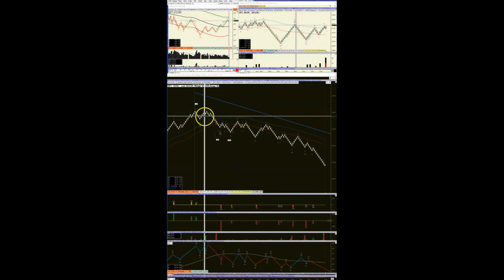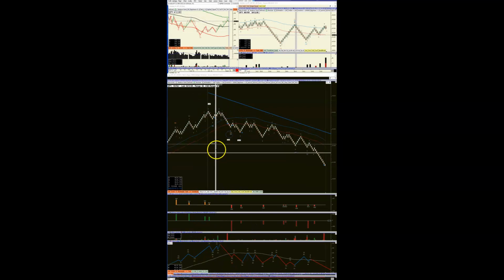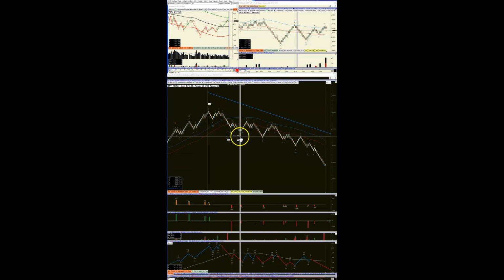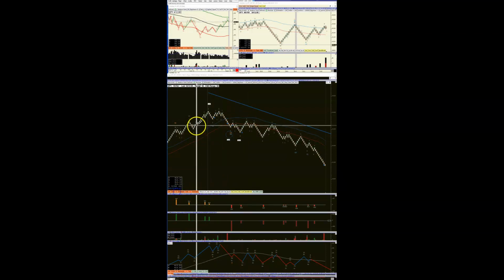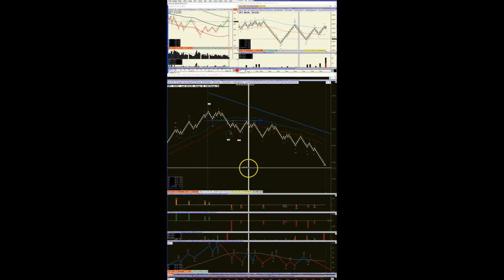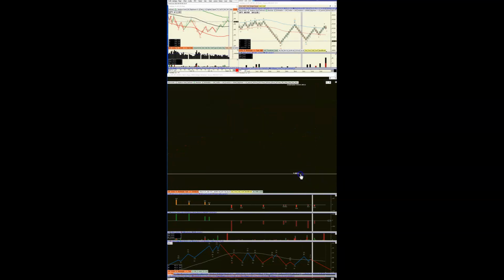Or volume will also give it away. Anyway, so you have shortening of thrust, change of behavior, confirmation, pull back to test, right there. As it tests, it makes a lower low and continues to go down.